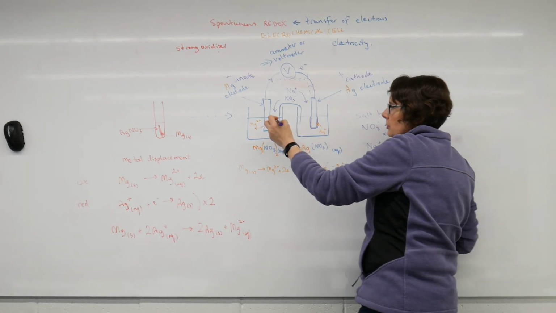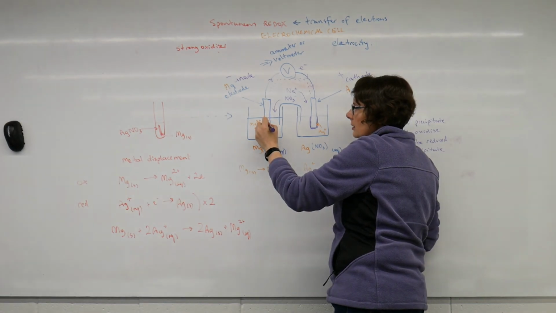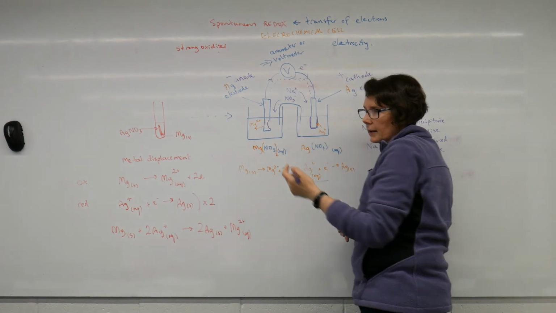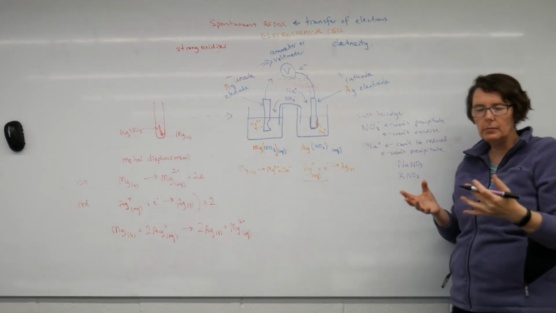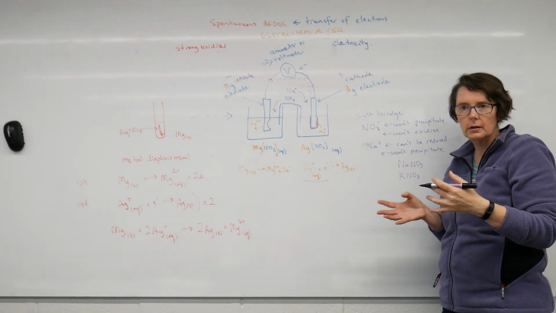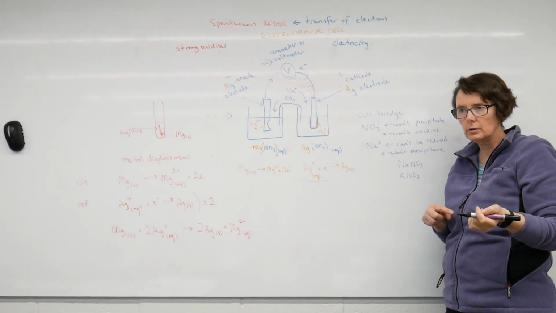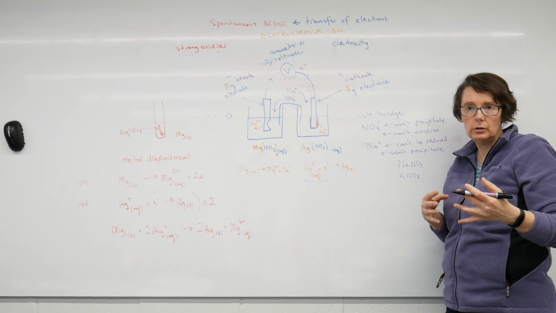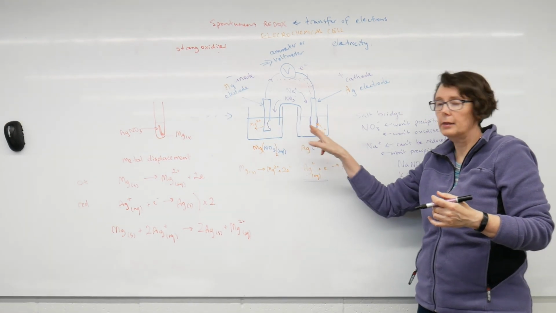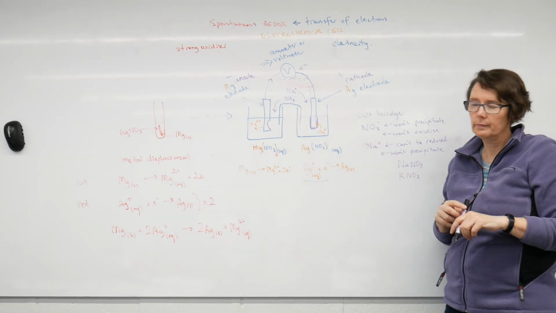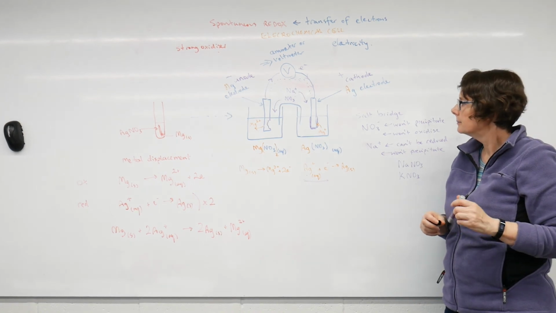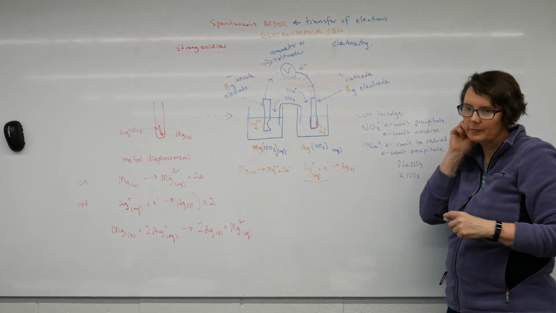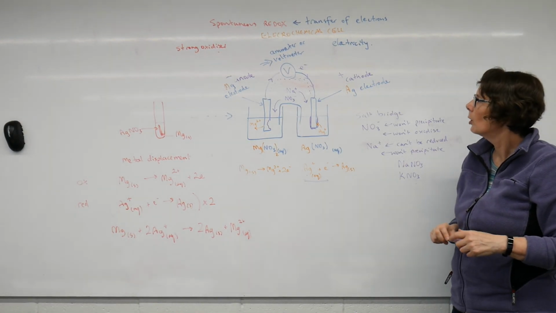And this electrode, the anode, is going to get eaten away as we lose the magnesium from the anode into the solution, the Mg2+ ions. So our anode gets smaller and our cathode builds up. Okay? Does that sort of make sense? Yeah, almost.